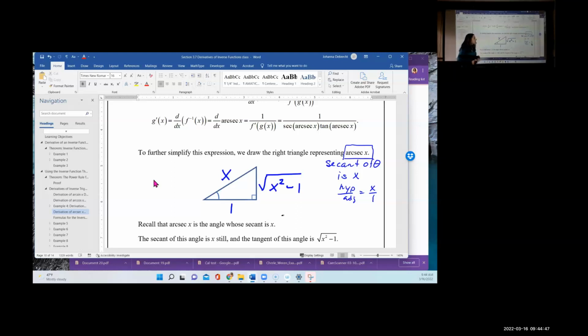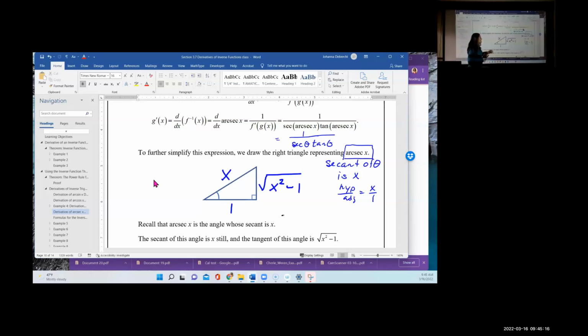All right. Now we need to substitute into the formula the secant of that angle and the tangent of that angle. So again, this is actually representing 1 over the secant of that angle times the tangent of that angle. So we need to represent the secant of that angle and the tangent of that angle, since arcsecant of x represents an angle.